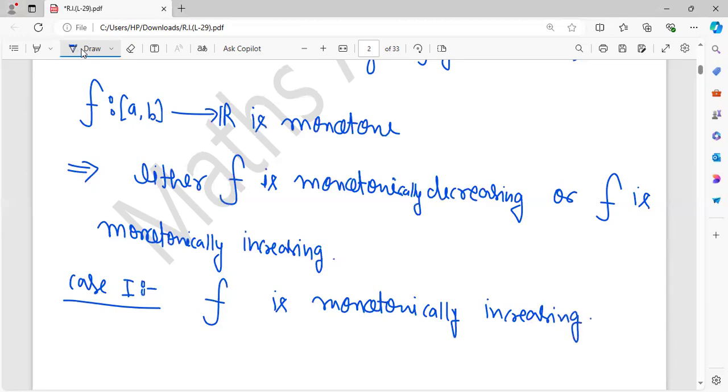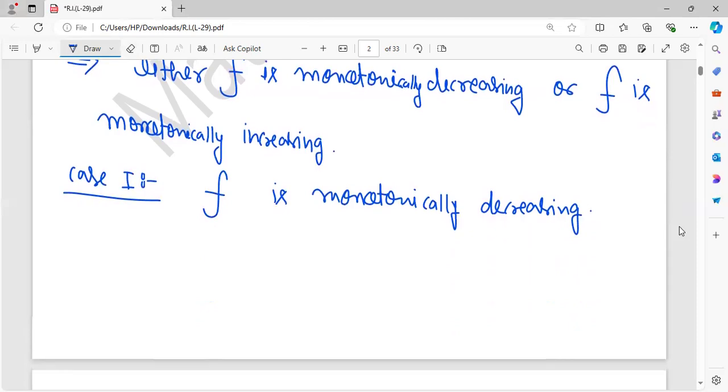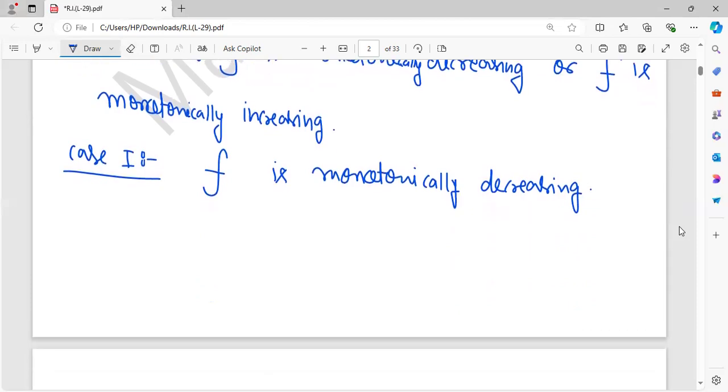First case we are taking f is monotonically decreasing. In this case we will prove the theorem first. Okay. So put φ(x) = f(x) − f(b).